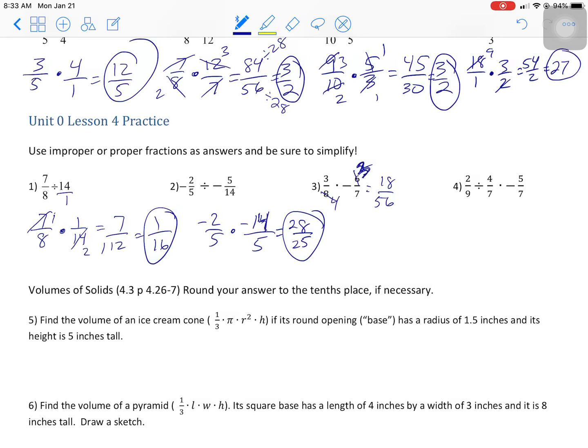Reduced by 2 makes that a 4. So that is 9 over 28. And I dropped my negative. That's negative. So make sure you're putting a negative. I think that's dropped too on the key.